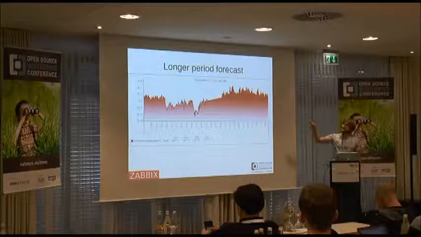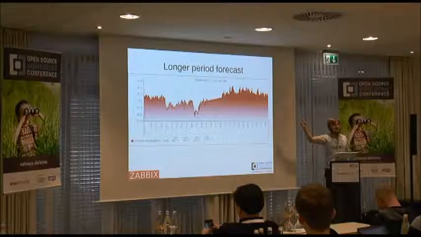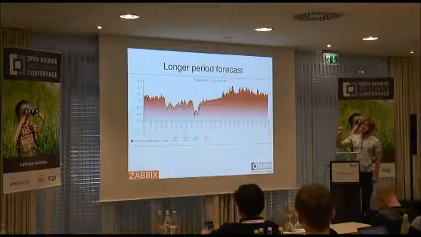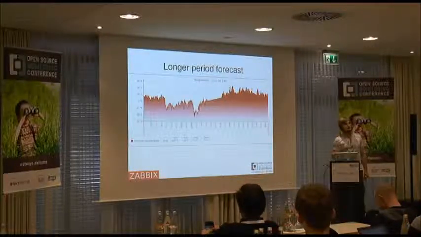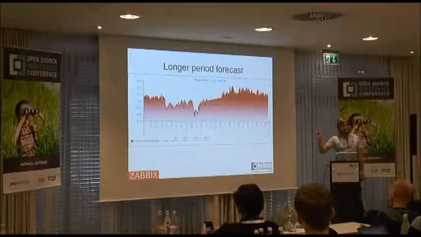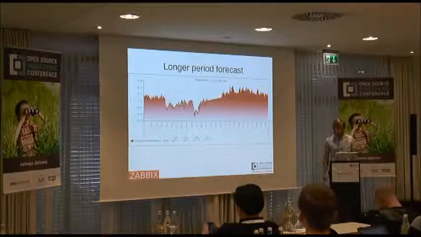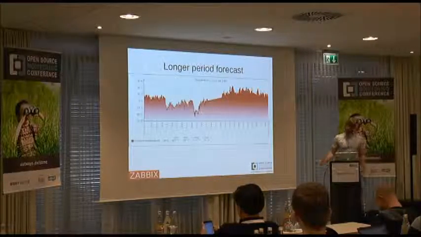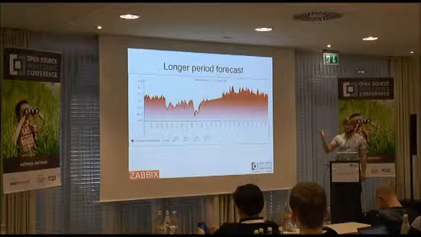Here, maybe the interesting thing is that straight line at the middle of the graph. Slightly ironically, that line was caused by the machine which was doing this monitoring getting hit by lightning. So he didn't get that warning from the forecast. Well, it was fixed afterwards, obviously.